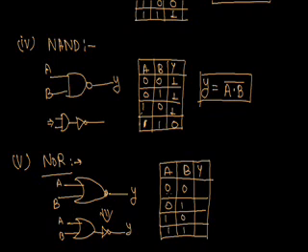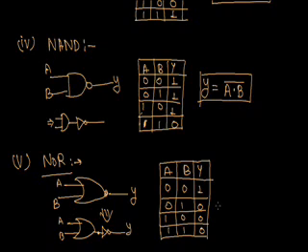Here for 0 0 the OR output will be 0, and the NOT gate will invert it, so we get 1. Here for 0 1 we get 0. Here for 1 0 we get 0, and for 1 1 we get 0.